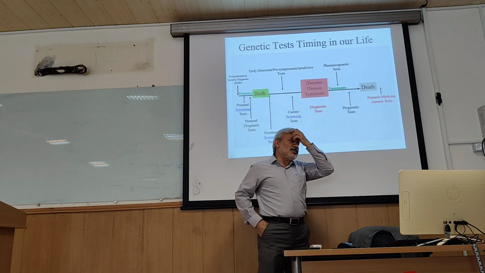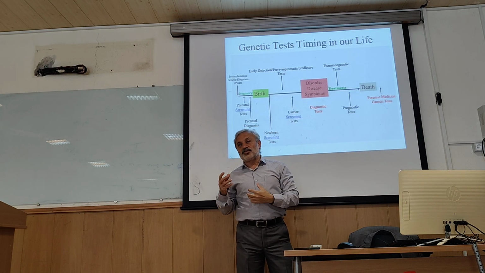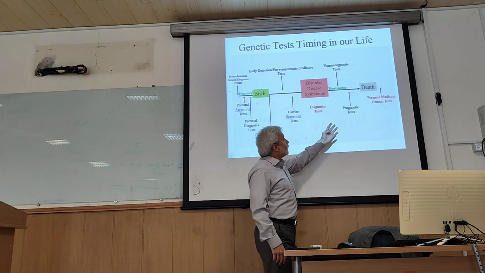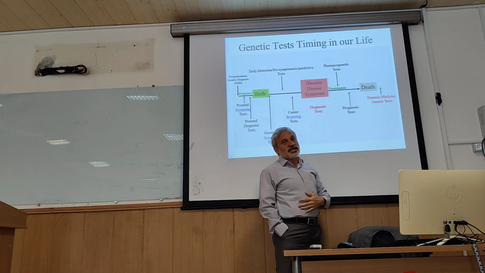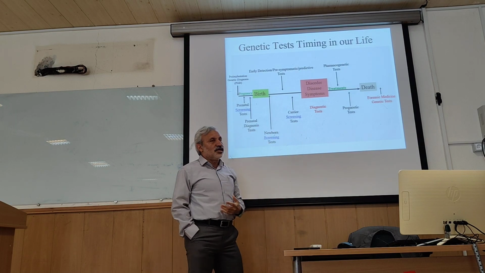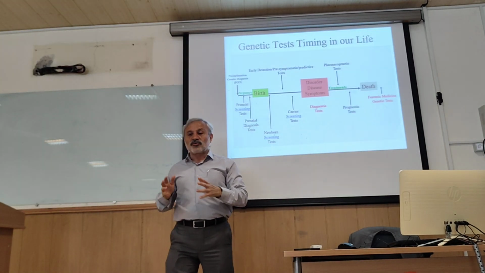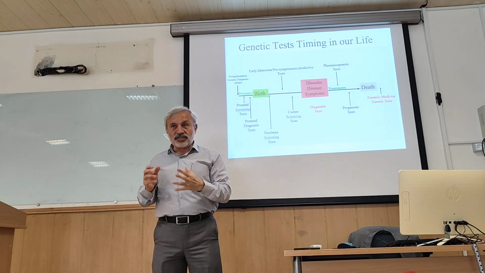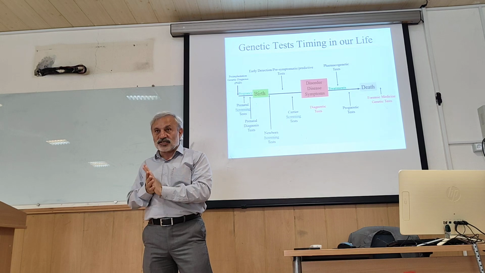We use some pharmacogenetic tests, which I will explain next session, and prognostic tests, which are tests to see whether our treatment works or not, whether our treatment was successful or not.